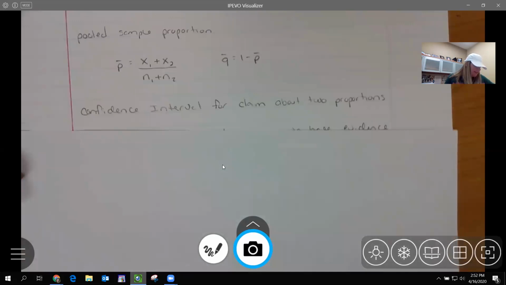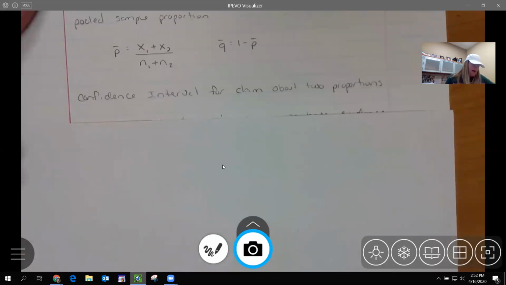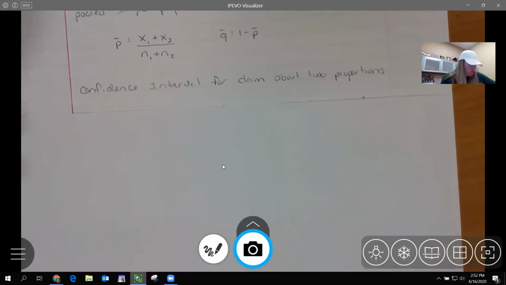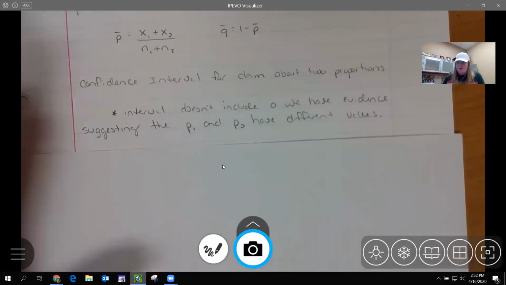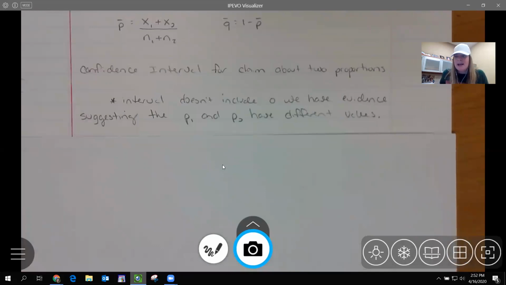The confidence intervals for a claim about two proportions. If I'm doing a confidence interval, which I'll show you how to get in StatCrunch, what does it tell me? If this interval does not include 0, so maybe the interval starts at the number 1 and goes to the number 5, it does not include 0, then there's evidence suggesting that the two values are different.